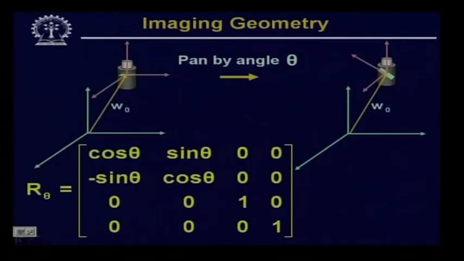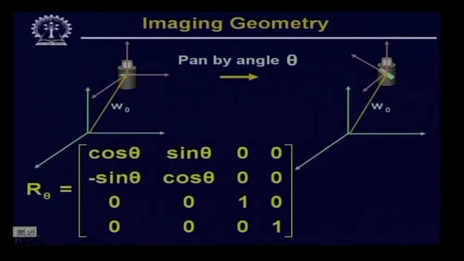For this panning by an angle theta, we have seen earlier that the transformation matrix for rotation theta is given by R theta equal to cosine theta, sin theta, 0, 0; minus sin theta, cosine theta, 0, 0; then 0 0 1 0 and then 0 0 0 1.